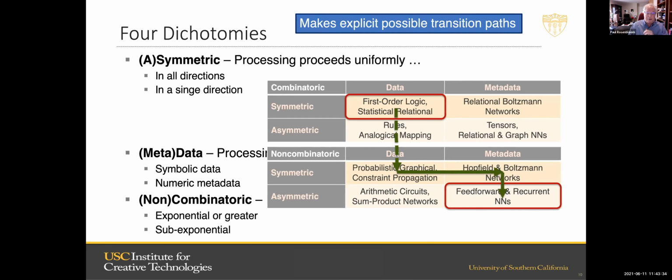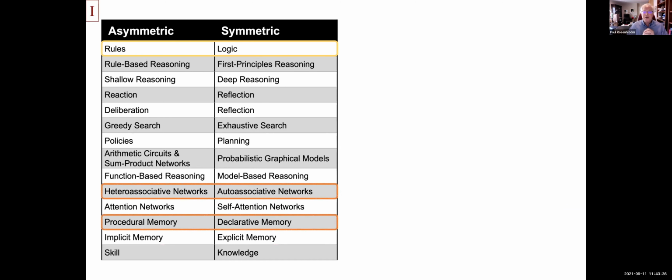So here's our first dichotomy, symmetric versus asymmetric. Rules versus logic you've already seen, but also heteroassociative versus autoassociative networks, feed-forward networks versus Boltzmann machines, for example. Procedural versus declarative memory is an example, and even attention networks versus self-attention networks, as we saw in Matt's first talk.